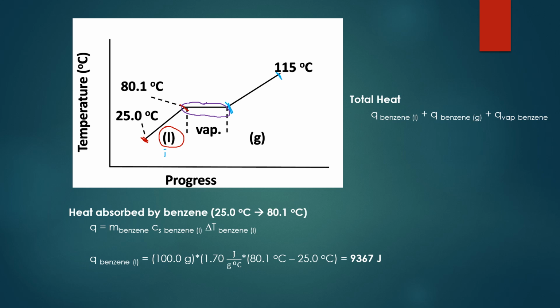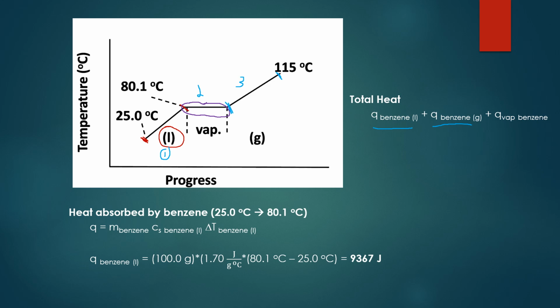So we have 3 different steps. The first step with a temperature change between 25 and 80. The second step is a phase change, so no temperature change. And then the third step is this last diagonal line. So you'll notice off to the right, to figure out the total heat, we're going to have to take the heat of the first step when it was a liquid and the temperature went from 25 to 80.1, add that to the heat of the benzene in a gas phase.